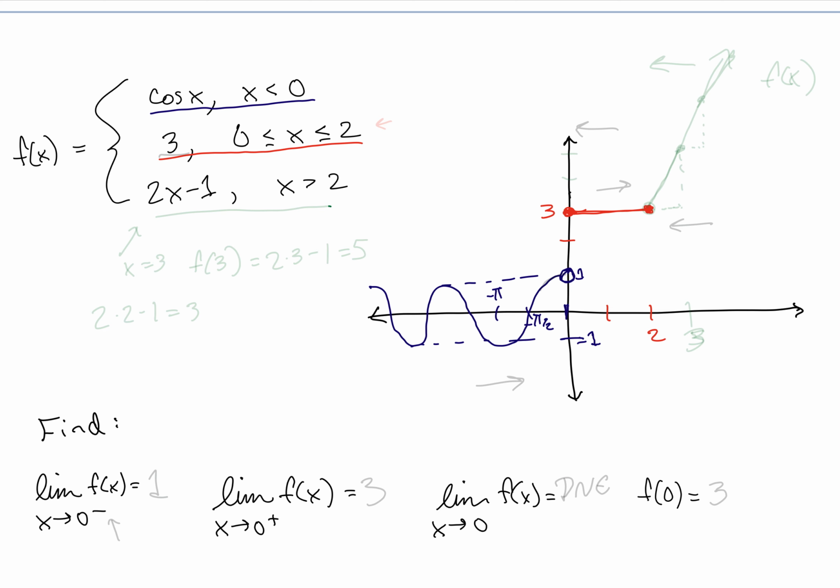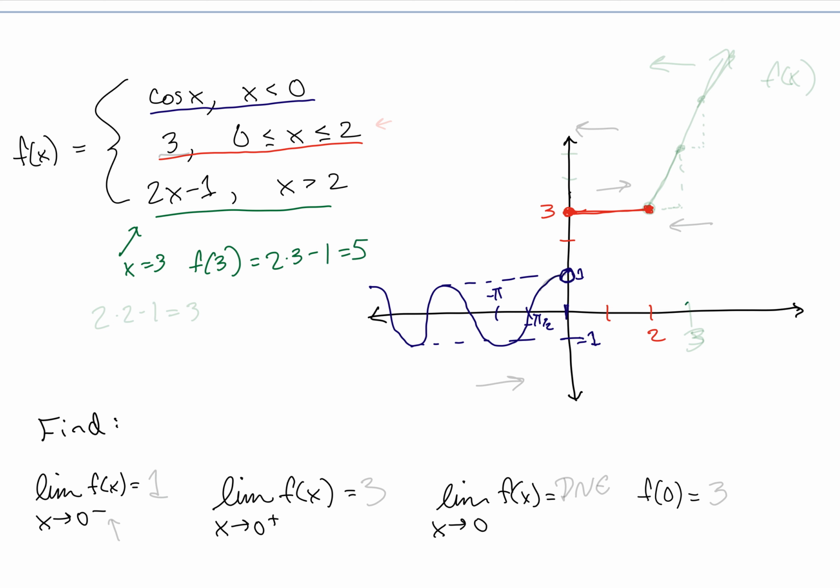And let's draw the last piece of the function in green. So f of x is equal to 2x minus 1 for x greater than 2. So that's a linear function. This is for x greater than 2. So when, say, x equals 3, f of 3 would be 2 times 3 minus 1, that's 5.